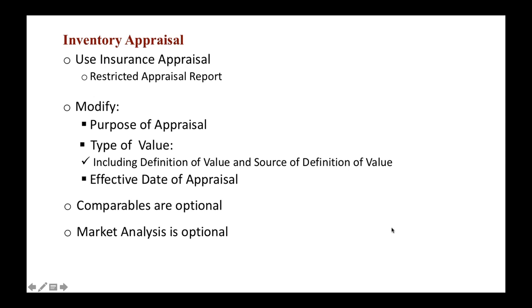The essential difference will be the amount of information you include in your disclosure and the fact that you only have the client as the intended user. That is your restricted appraisal report. The moment you have more than one intended user, like a bank or an insurance company, a broker, an attorney, an accountant, and so forth, we need to write an appraisal report, which has a client and other intended users.